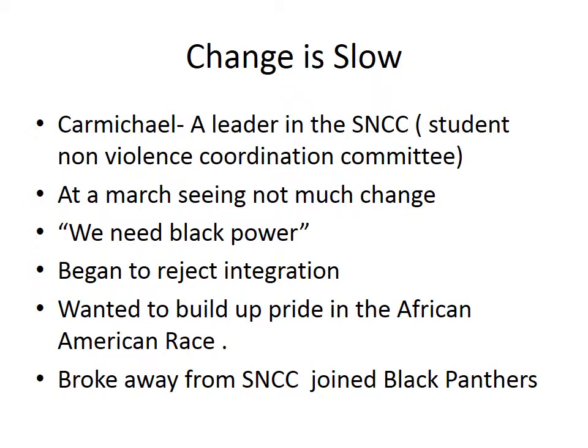And that's sort of a theme of believing that the Black people needed to rise up, and they didn't necessarily need to integrate, but they needed to become powerful in their own right. And this idea of Black power began building up a sense of pride in the African American race. And eventually they're going to break away from the SNCC. And Carmichael actually joined another movement called the Black Panthers.